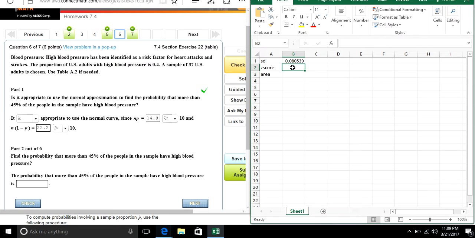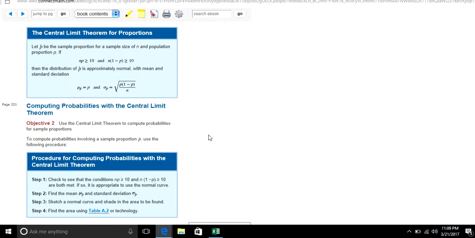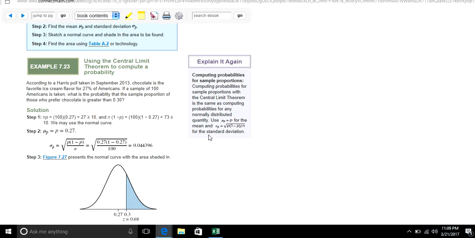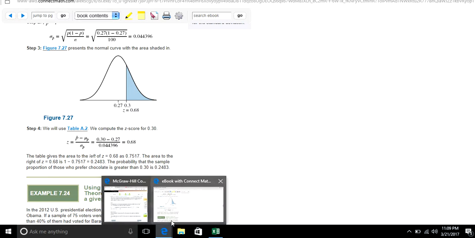Now for the z-score. Here's the formula for the z-score that we will be computing: p minus the population mean over the standard deviation of the proportions.